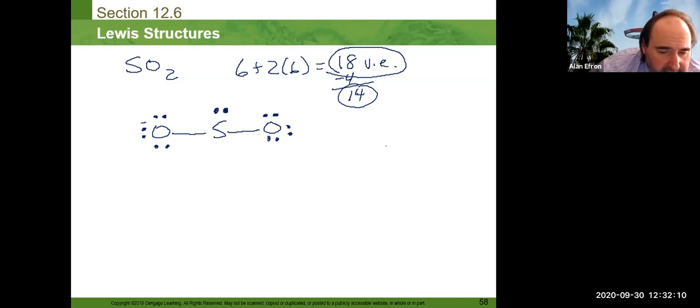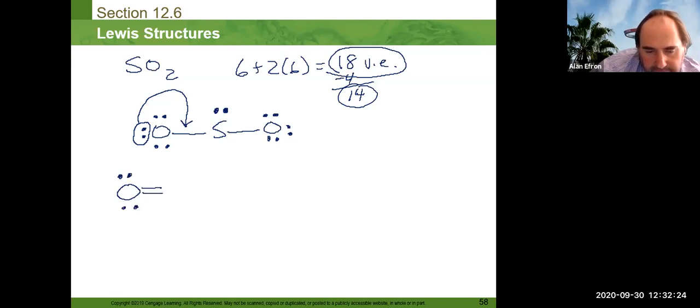Same approach. We're going to take a pair of electrons. We're going to bring those electrons in. And when we do that, we will end up with a double bond over here on the left and a single bond over here on the right.